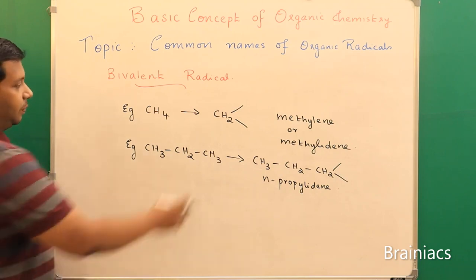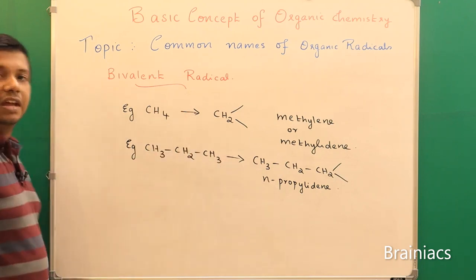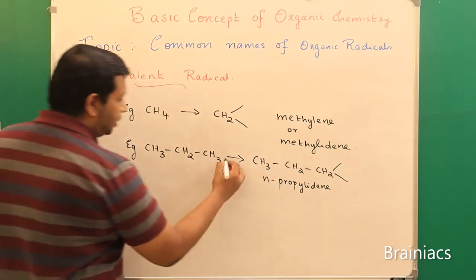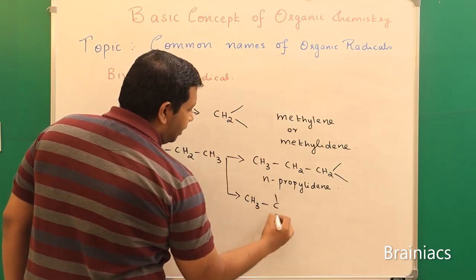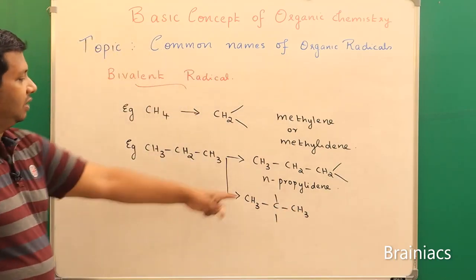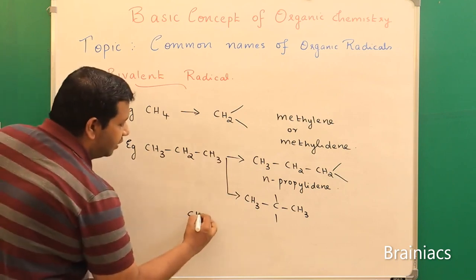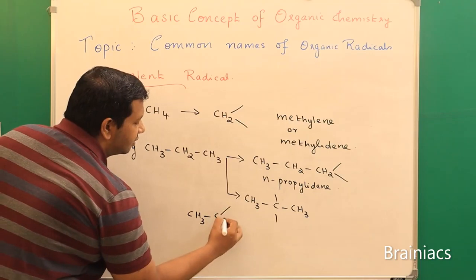Okay, now the next possibility, from the central carbon atom also we can remove two hydrogens. So what can be the structure then? In that case, CH3, CH3. Now tell me, what does it look like? I will draw it in another way, then you will easily get it. CH3, like this.